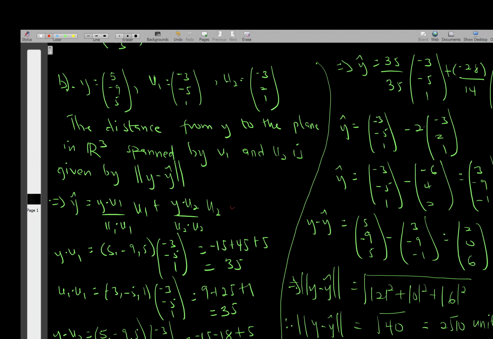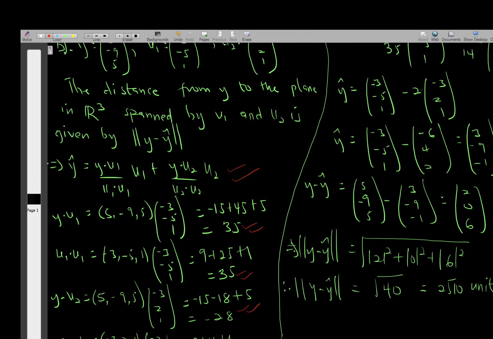So y hat is given by y dot u1 over u1 dot u1 times u1 plus y dot u2 over u2 dot u2 times u2. So y dot u1, that's the inner product of y and u1, we get 35. u1 dot u1 also gives us 35. Y dot u2 gives us negative 28.